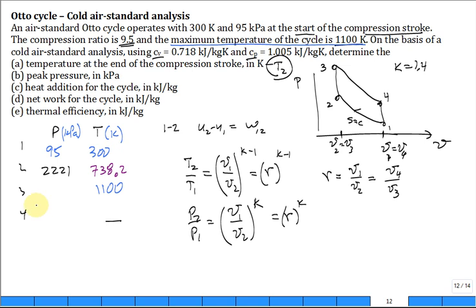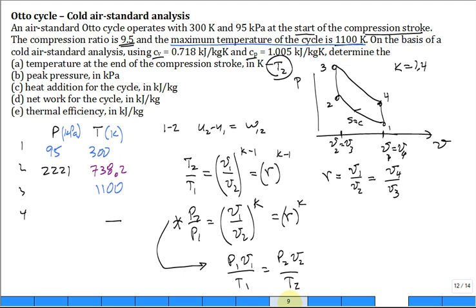There's another way of doing it. Without using this, can you say that P1 V1 divided by T1 is equal to P2 V2 divided by T2? Can you say that? Yeah, you sure can. And so if you do that, you get the same value of P2.